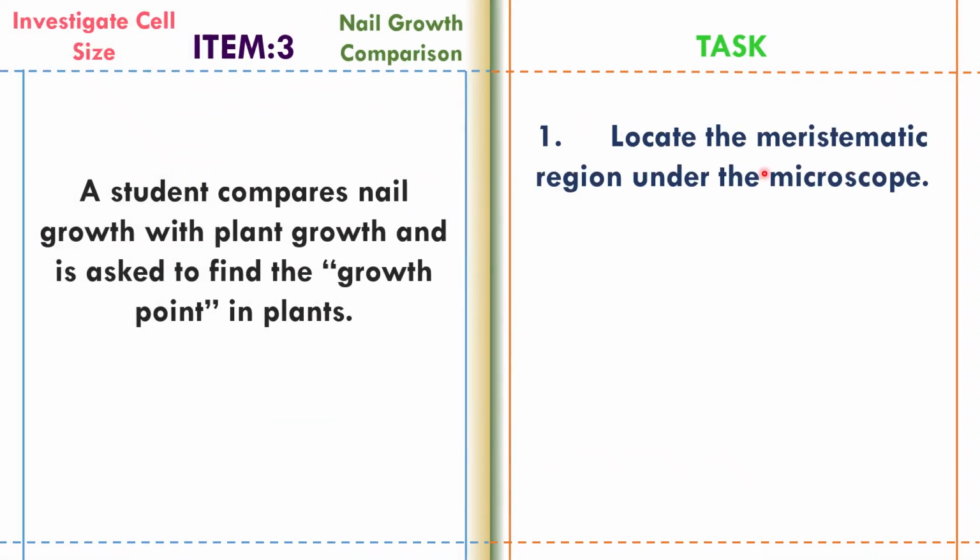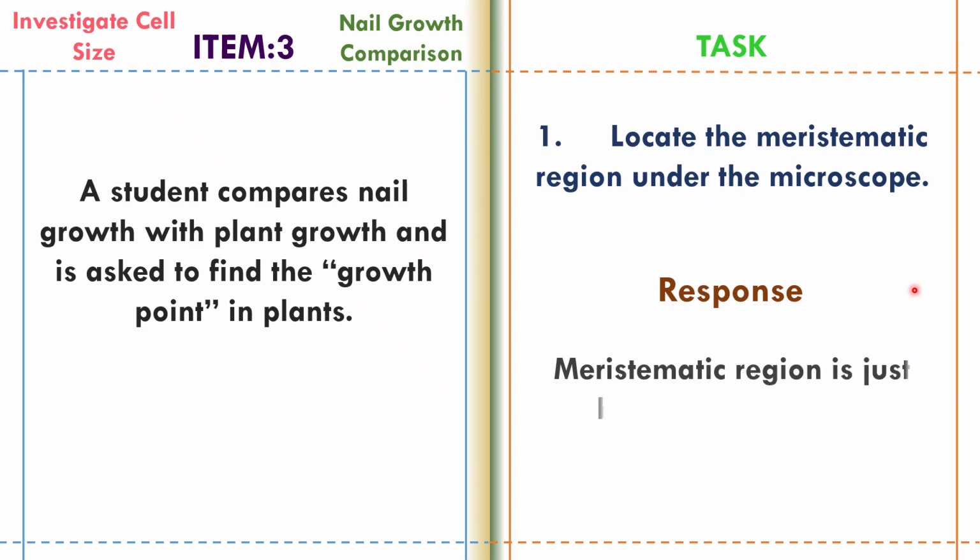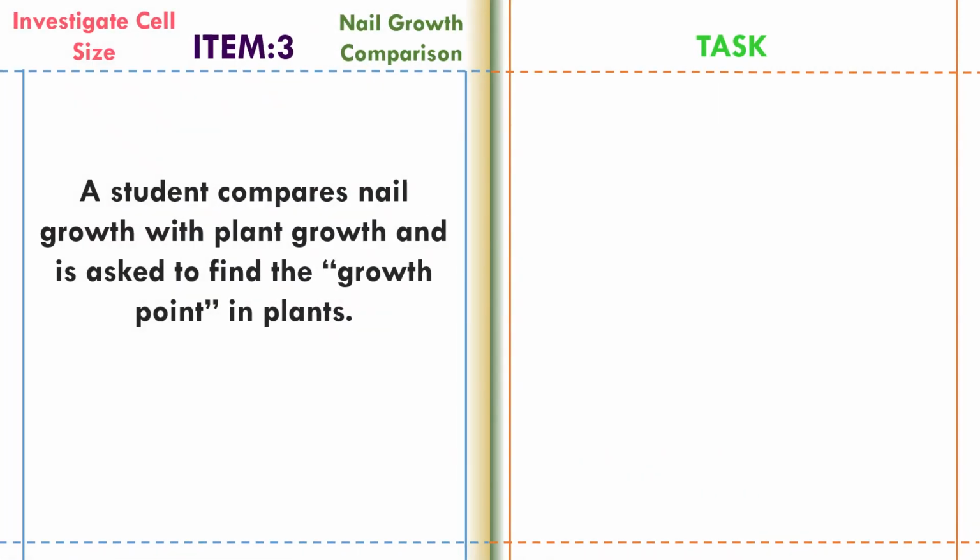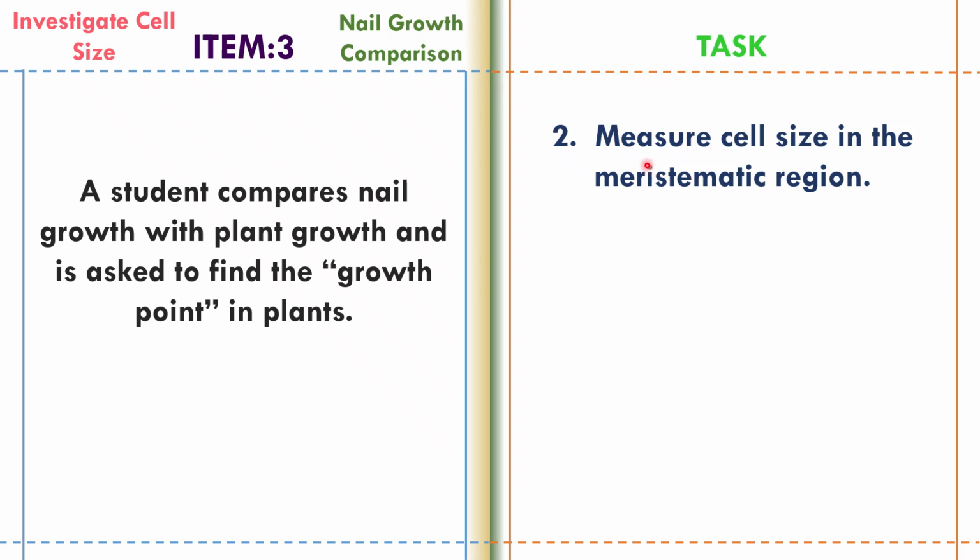Let's locate the meristematic region under the microscope. The meristematic region is just behind the root cap. Then we can measure the cell size in the meristematic region.